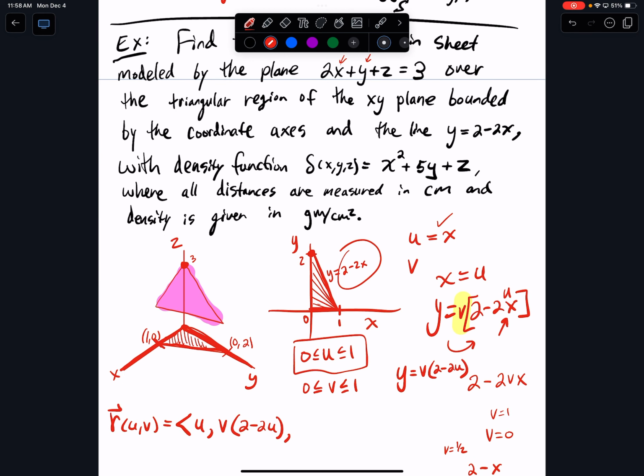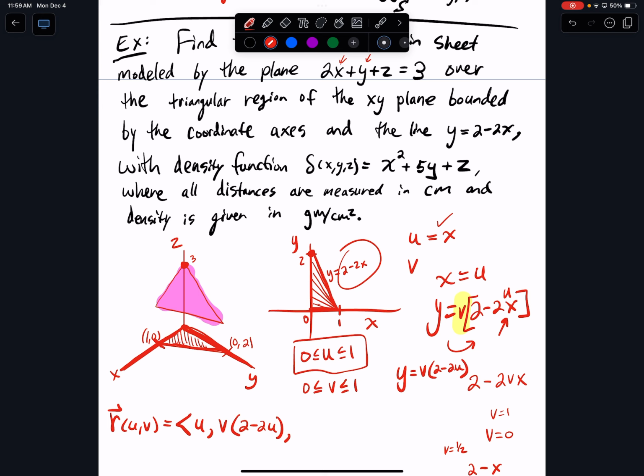Z equals... We don't have z solved for, do we? Right now it's 2x plus y plus z equals 3. So I want z equals what? 3 minus 2x minus y.